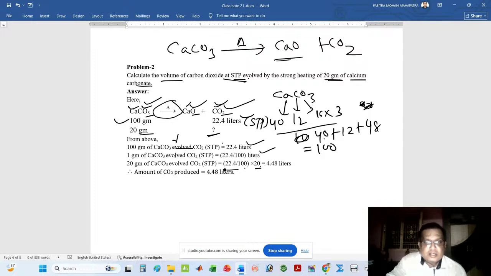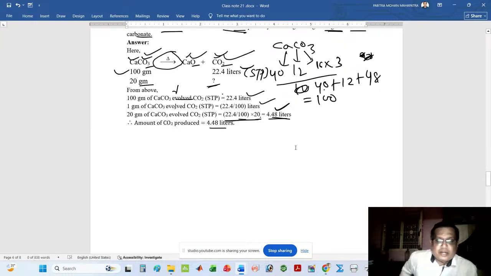If you solve, the answer is 4.48 liter. This is the answer. So the amount of carbon dioxide produced is 4.48 liter.